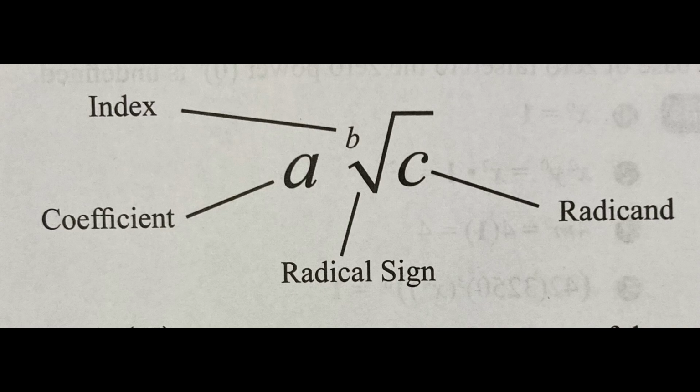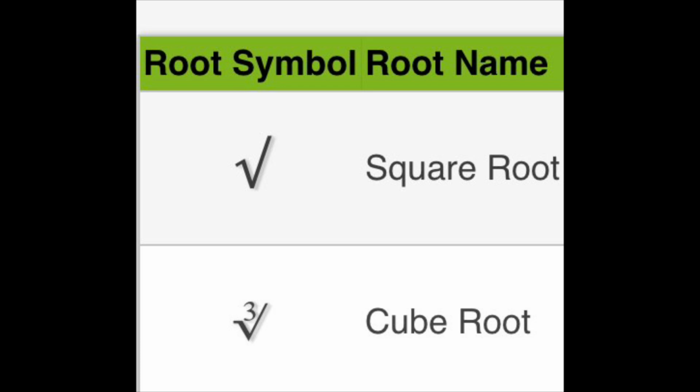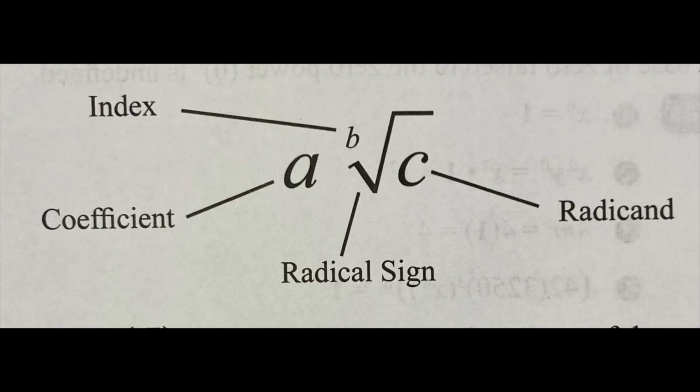And the index is telling you if you are taking the square root or if you are taking the cube root of the number. Now you will also see the radicand. The radicand is that number, or it could be a variable and a number, underneath the radical sign. And yes, the fourth one is the radical sign.